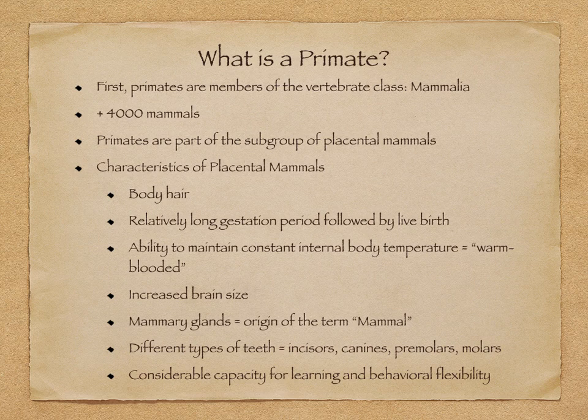They have hair. They have a relatively long gestation period. They maintain a consistent internal body temperature. They have an increased brain size. In addition, primates have different types of teeth: incisors, canines, premolars, molars, just like humans do. Considerable capacity for learning and behavioral flexibility.